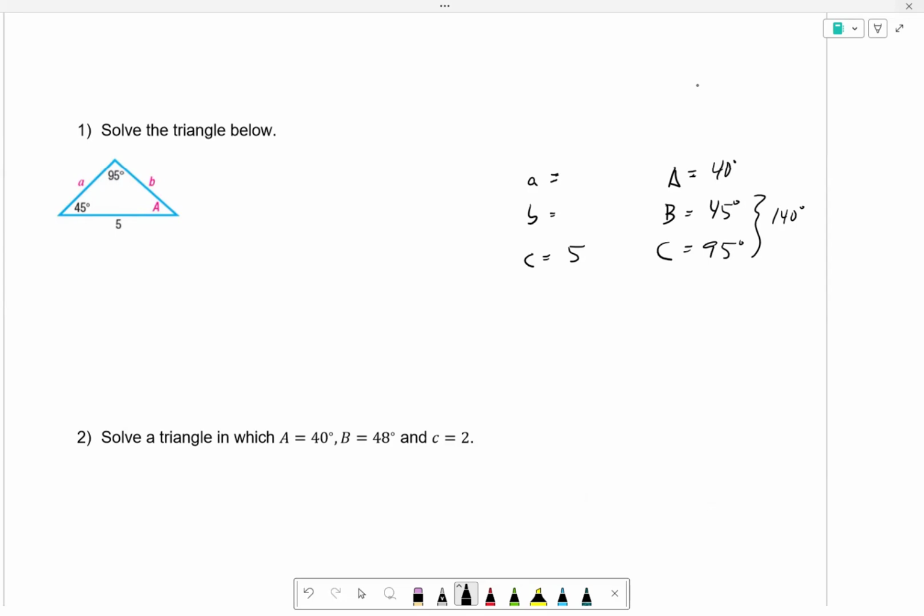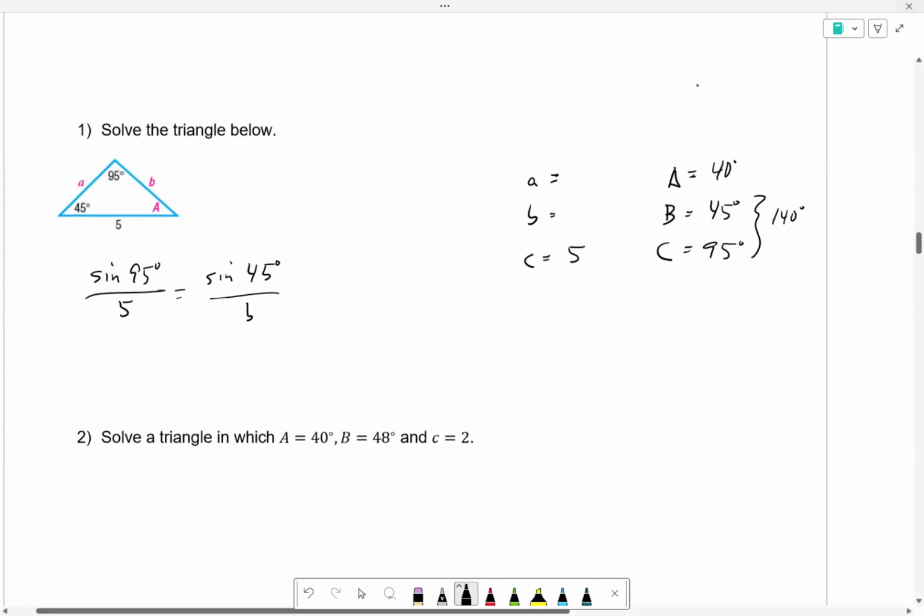Okay, so using the law of sines, we did sine 95 over, sine of 95, 45 over, I'll call that B. Are we okay with that, everybody?